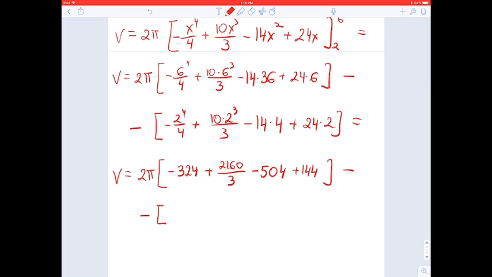And then minus 2 to the power of 4 over 4, it's 16 over 4, it's negative 4. That will be 8 times 10 over 3. 56, actually negative, I have to be really careful with my arithmetic. 14 times 4 is 56, plus 24 times 2, 48.